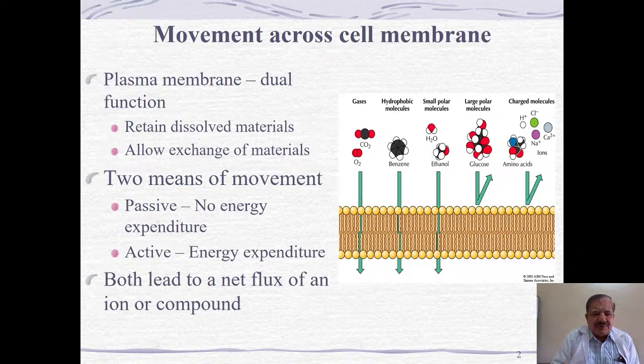Two types of movement are there. One is passive. Passive doesn't need energy, so it can pass from one side to the other very easily. For example, in an upstream river, the water can flow down very easily, passively, without needing any energy. But if you want active movement, energy is needed, as in going against gravity from down to up.